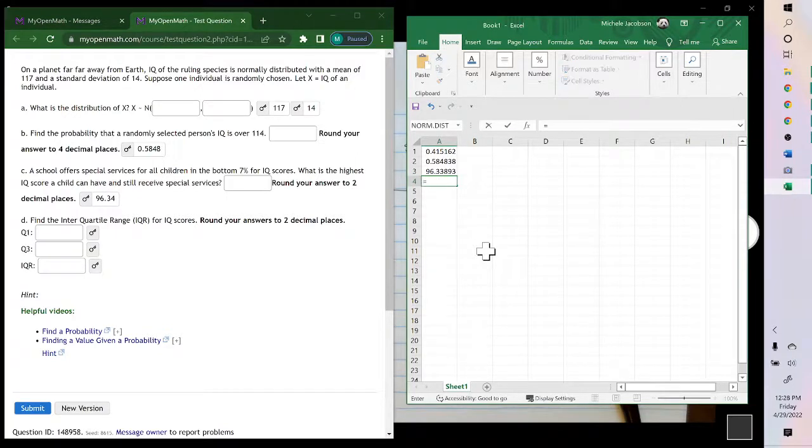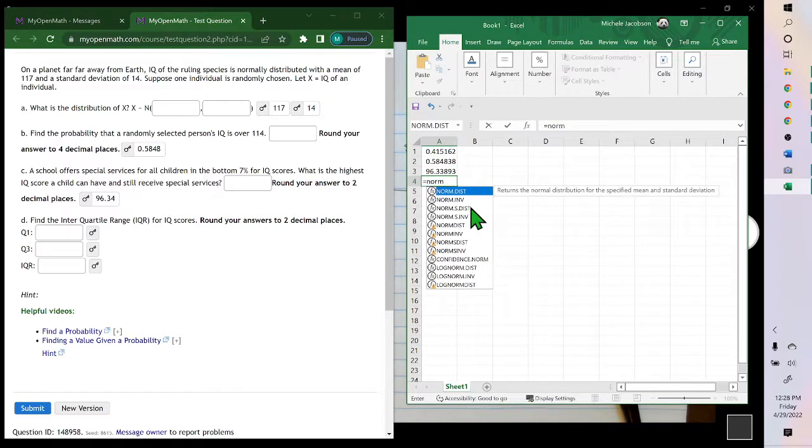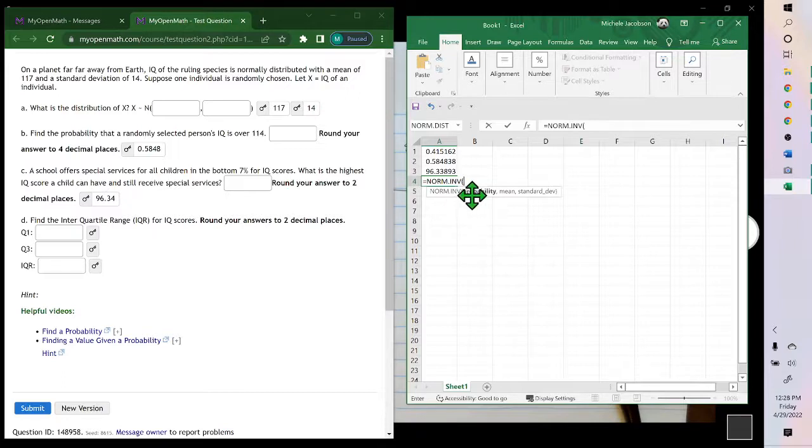So equals norm, and we have the percent, so we're doing inverse. And then we put our probability. So for Q1, 25% is below it, 0.25, and then put your mean and your standard deviation.